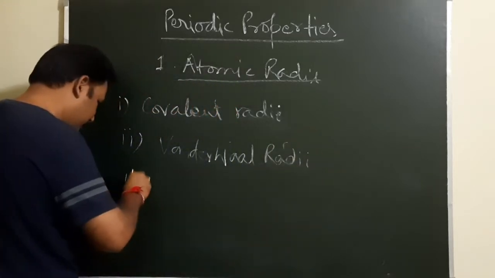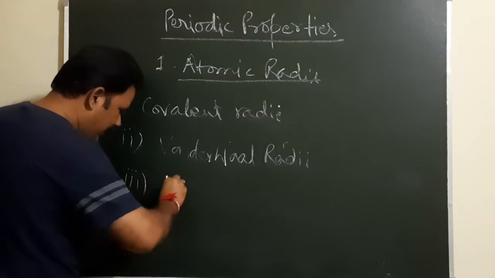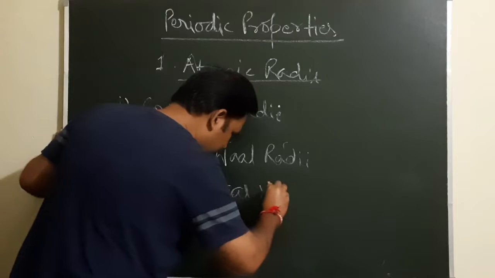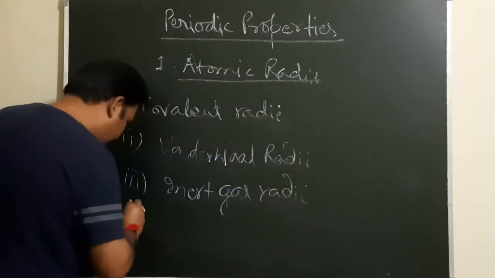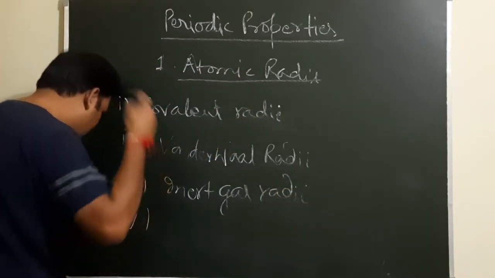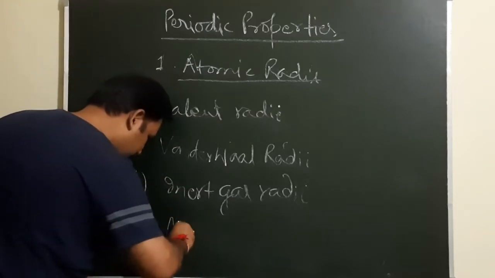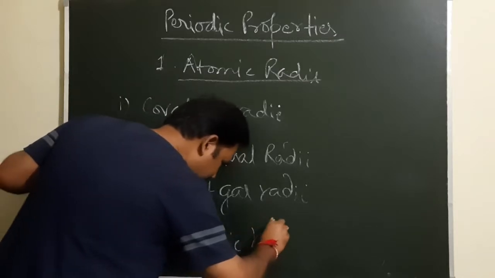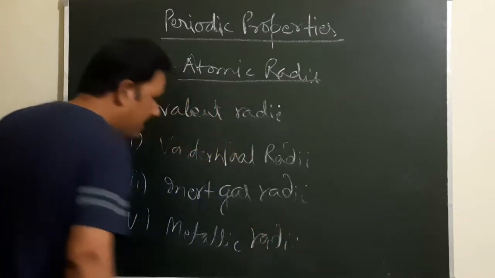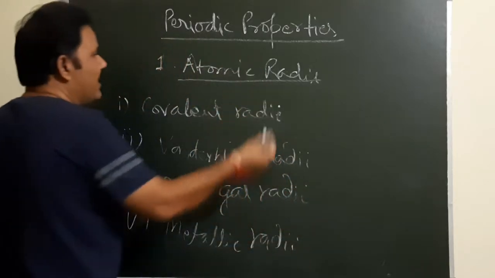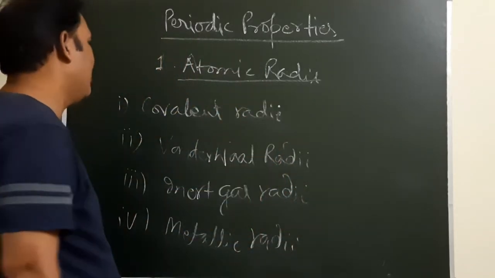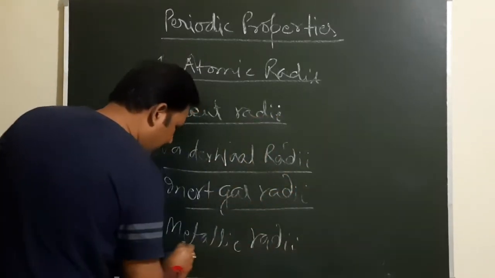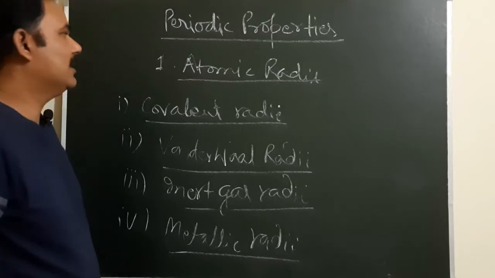Number 3, inert gas radii. Number 4 is metallic radii. So atomic radii can be classified into the following types: covalent radii, van der Waals radii, inert gas radii, and metallic radii. So these are the atomic radii.